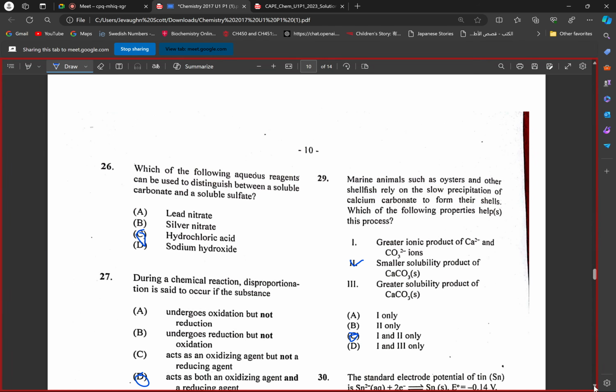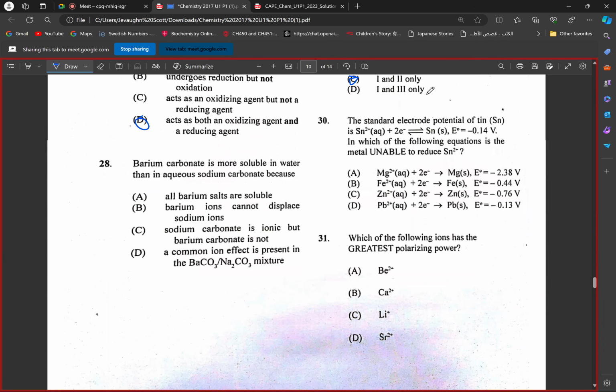Lovely. The standard electrode potential of tin is presented here. In which of the following reactions is metal unable to reduce tin? What are the values we're looking at? Unable to reduce tin. So are we looking for a higher value than negative 0.14 or a lower value than negative 0.14?